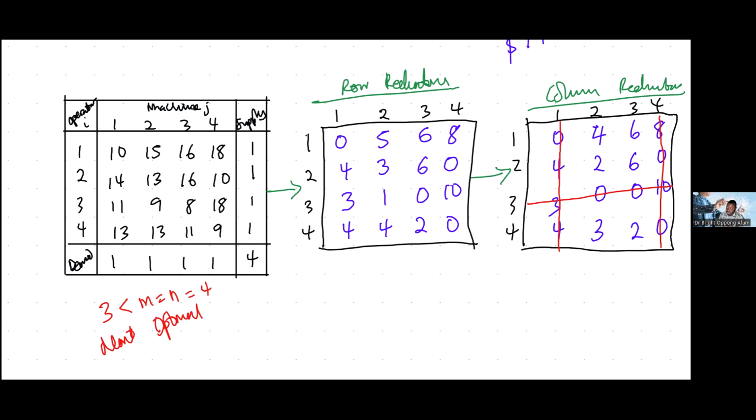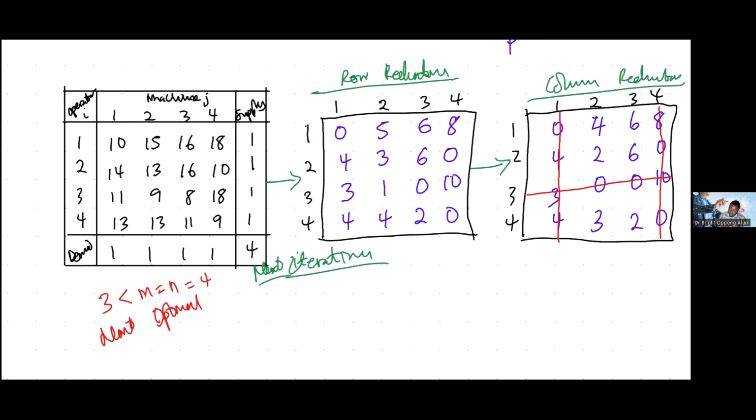So how then do we do the next reduction or the next iteration? With the next iteration, we have to find the minimum uncrossed value and subtract it from all the uncrossed values. Then at any intersection, we add that minimum value to that cell where the lines cross itself.